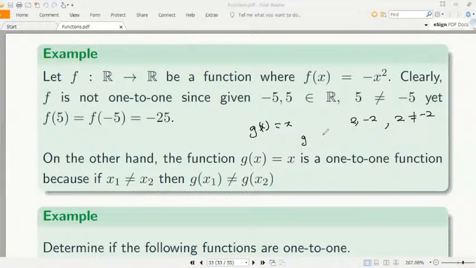G of -2, using this definition, would be -2. G of 2 would be 2. So the inputs are different and the outputs are also different. So this function is one-to-one.